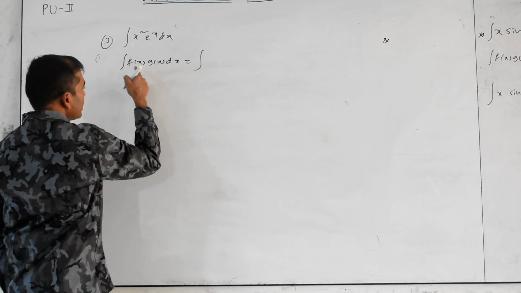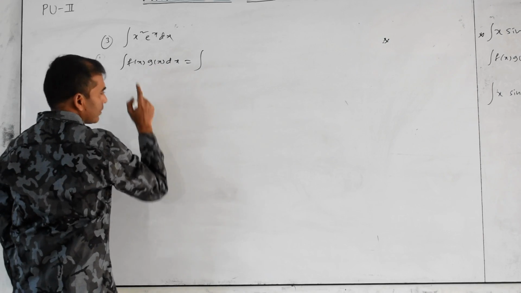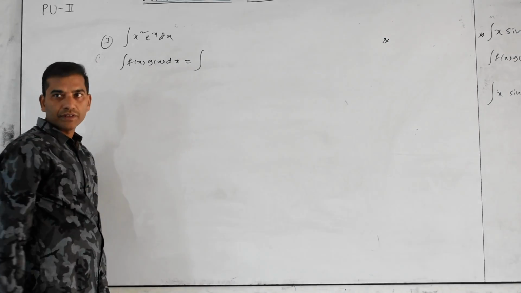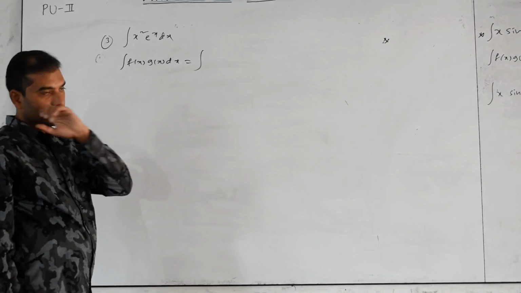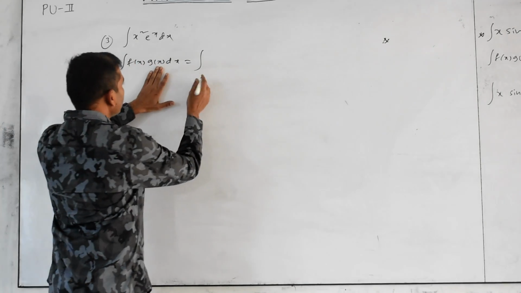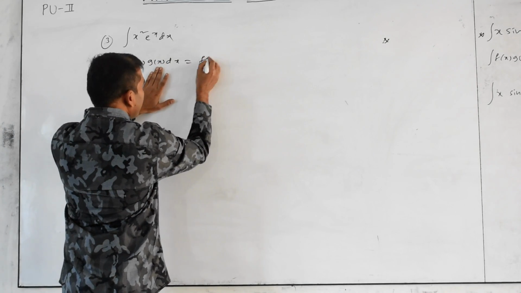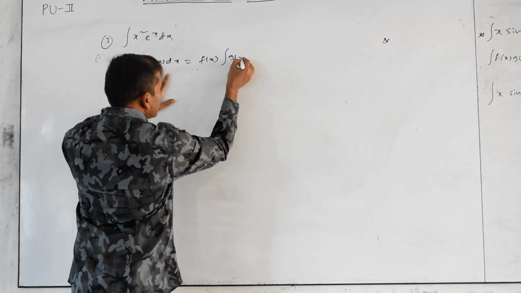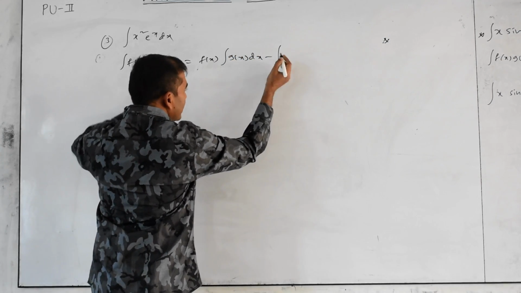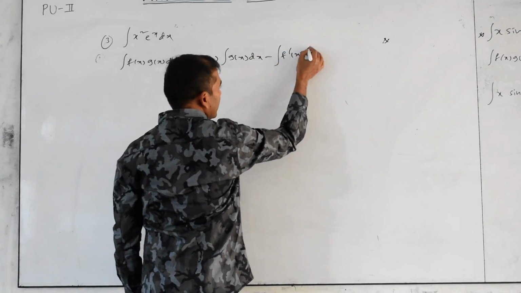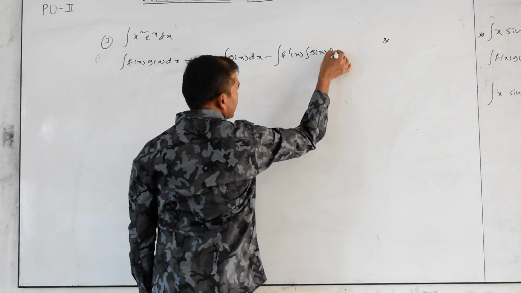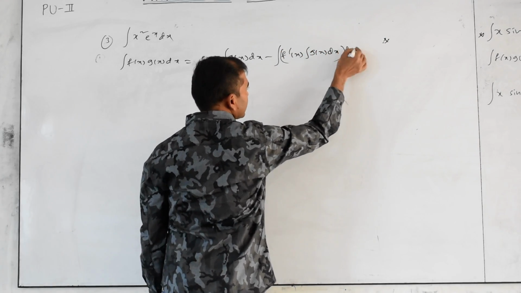While doing each and every problem, you write this formula to get perfection. The formula is f of x into g of x integration equals f of x integration of g of x dx minus f dash x integration of g of x dx whole dx.